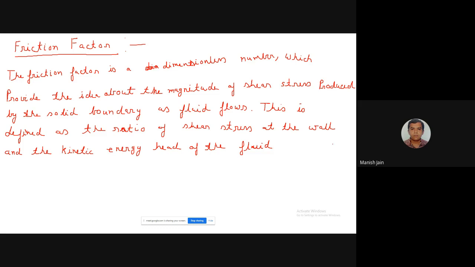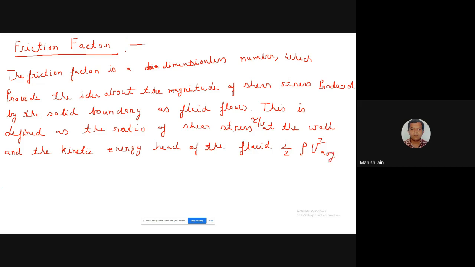So shear stress is represented by tau W. W means at the wall, the value of shear stress at the wall, and kinetic energy of the fluid can be represented by 1 by 2 rho v square average. Okay, so this is the average velocity.